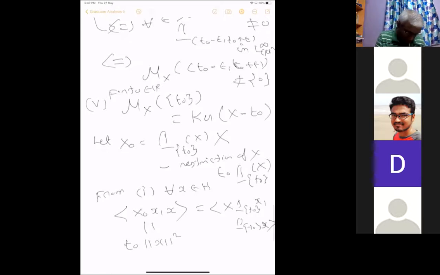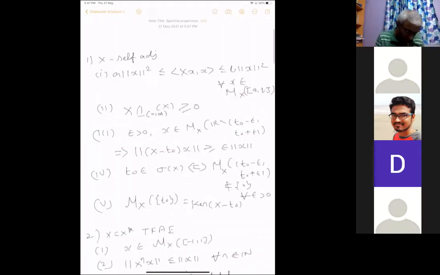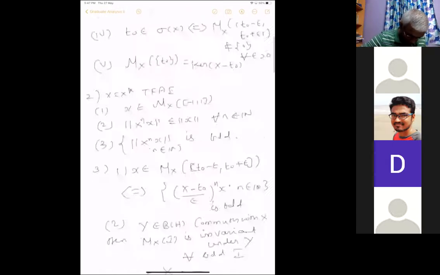I mean, the very first one. You see this. This is greater than or equal to norm a times x square, less than or equal to norm b times x square. But here a and b, we are applying to the interval t naught, where both a and b are equal to t naught. So this is just equal to t naught times norm x square.